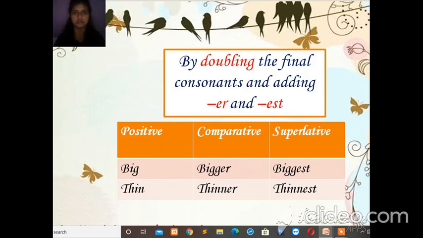Thin is positive, thinner is comparative, thinnest is superlative. As you can see, we double the final consonant: in big we double the g, and in thin we double the n.